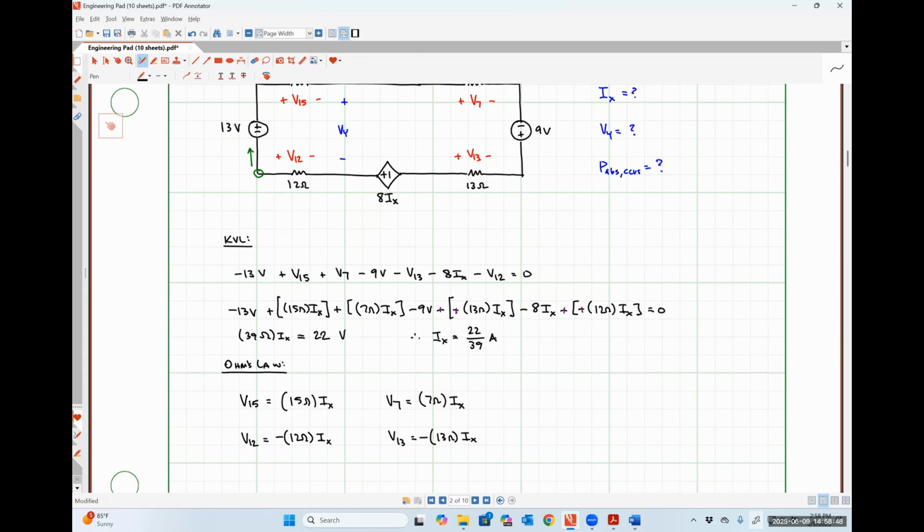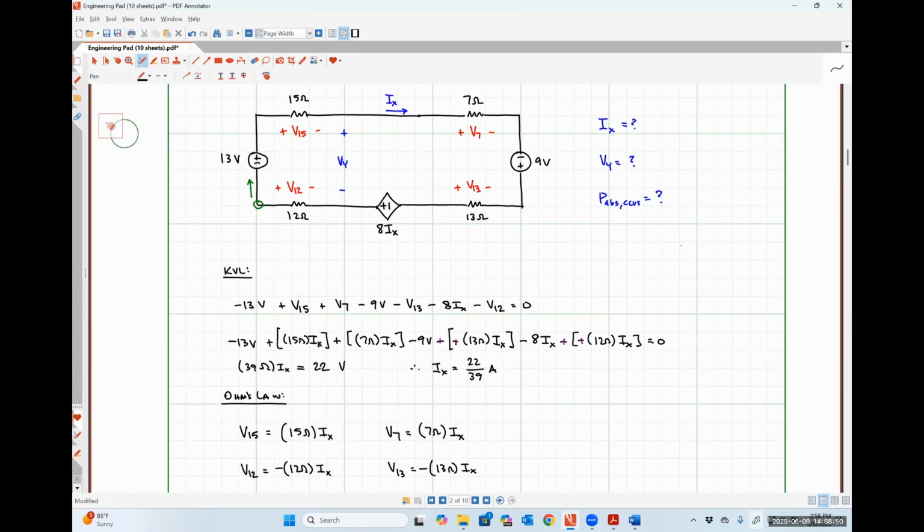So if I did my mental math correctly, and if I didn't, somebody please tell me, we wound up finding out that IX is equal to 22 over 39 amperes.